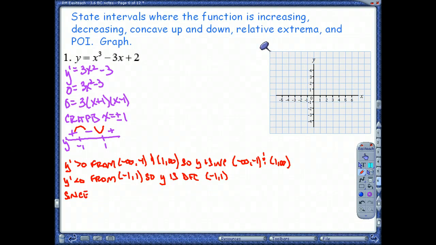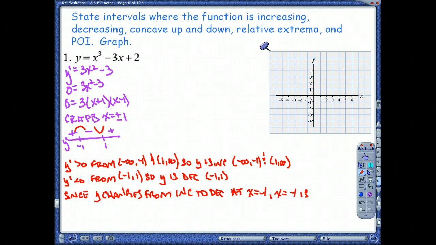Now we can say y changes from increasing to decreasing, or we can say our derivative changes from positive to negative to describe our relative extrema. It's all in your personal choice. Since y changes from increasing to decreasing at x equals negative 1, x equals negative 1 is a relative max.